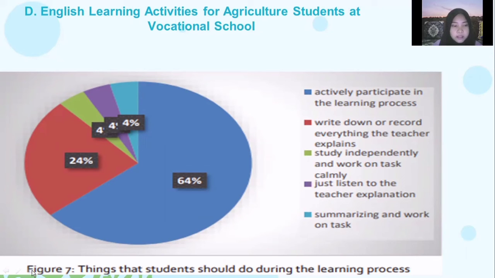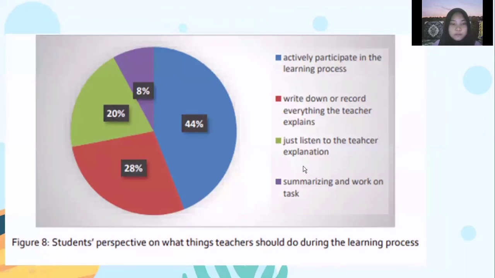The next is the result of the last question about students' perspective on what things teachers should do during the learning process. It showed that about 52% of students chose the teacher to read the text and interpret it directly with the students.